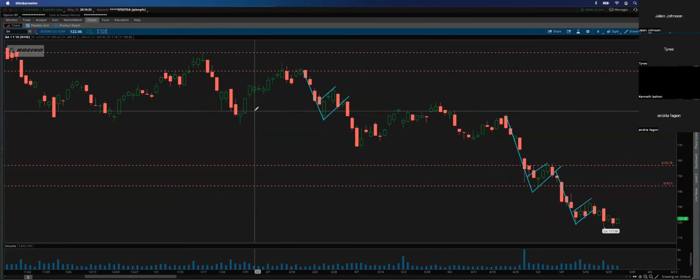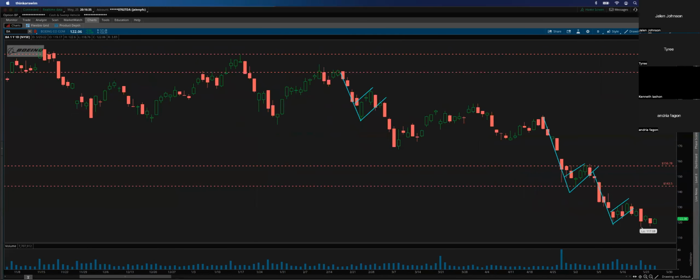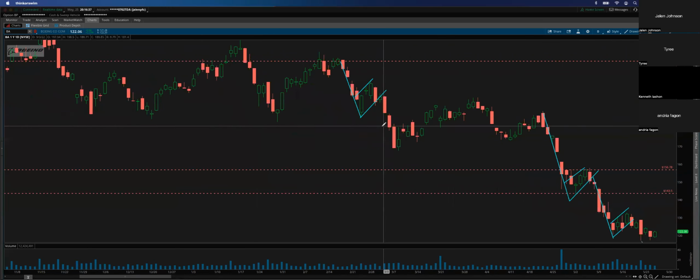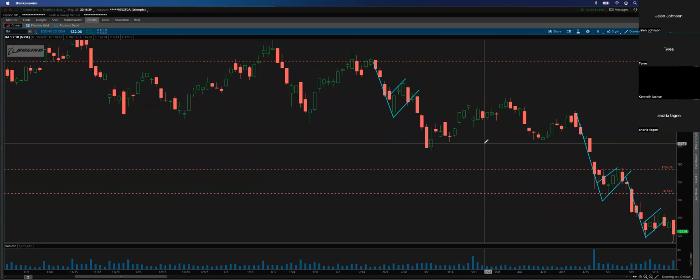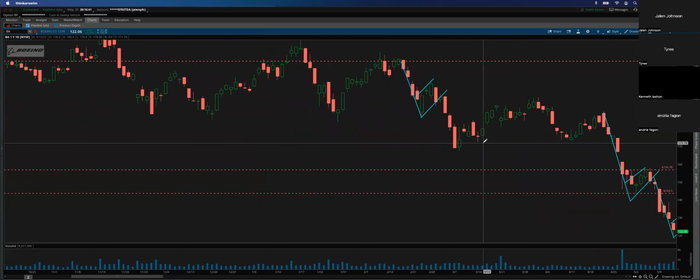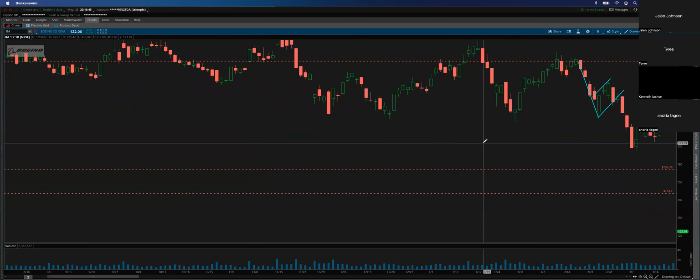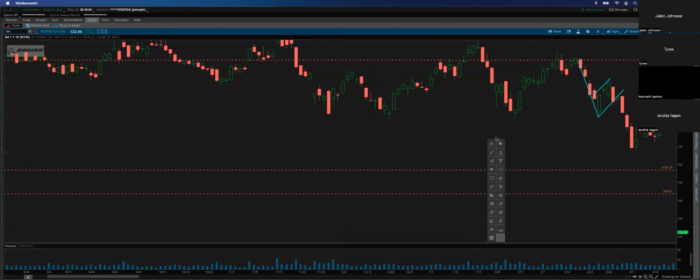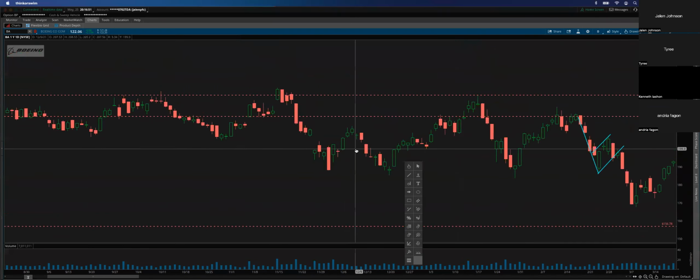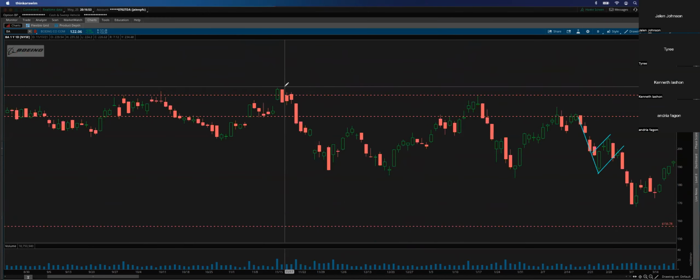So I want you guys to see it. I'm trying to show you one that did not work and why it didn't work. Let's see. Even that worked. You can see bear flags all day on this. BA be making some pretty bear flags. That's why that was one of my favorite stocks.